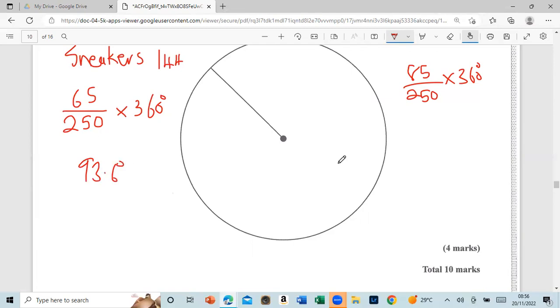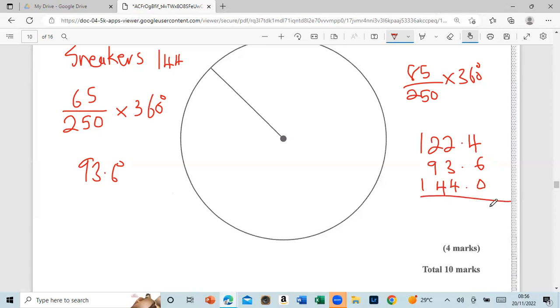And this one now, 85, let's go. 85 divided by 250 times 360 equals 122.4. So let us add up all of this and see if it makes sense. We're going to come to 360. It's our 93.6, and then we have the 144. All right, must come to 360 degrees.